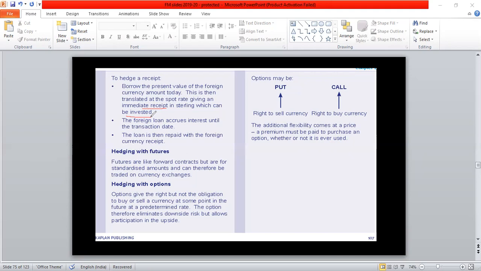Then likewise, hedging with forwards is similar to hedging with futures also. All the points are similar between forwards and futures, except that futures are a more secure way. Futures are like forward contracts but are for standardized amounts, and can therefore be traded on currency exchanges. There is a platform there.